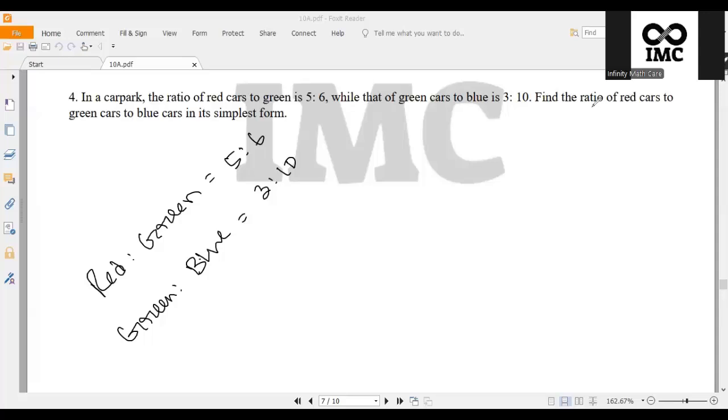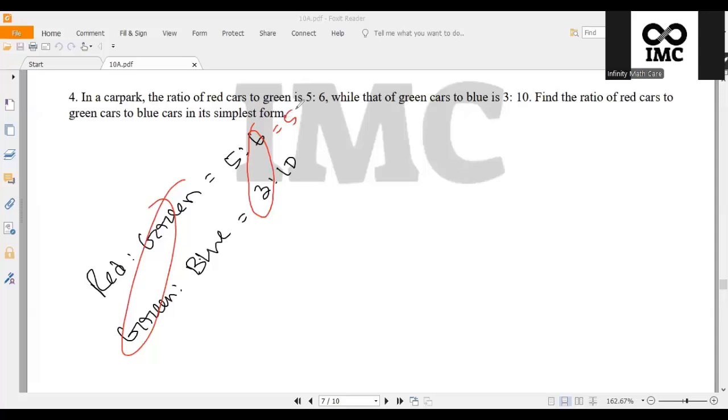Now, the question says find the ratio of red car to green car to blue car in its simplest form. So here green is the common part. So 6 and 3 should be the same. Then we need to find the LCM of 3 and 6. We can easily say that will be 6.